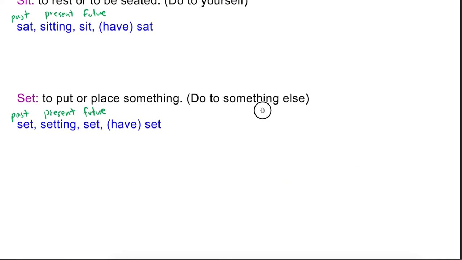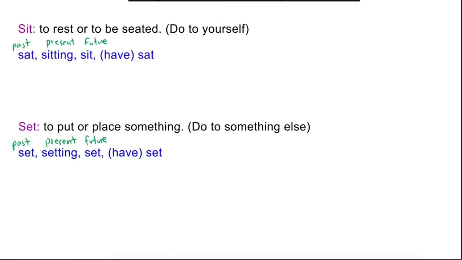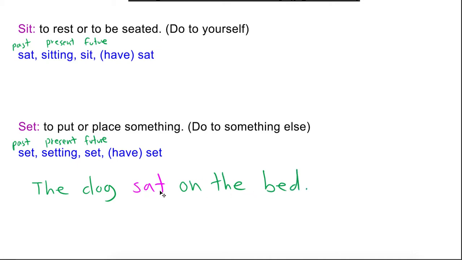Here's another example. The dog sat on the bed. When I say the dog sat on the bed, I'm saying that the dog went to the bed and he sat down by himself. Something he did to himself.